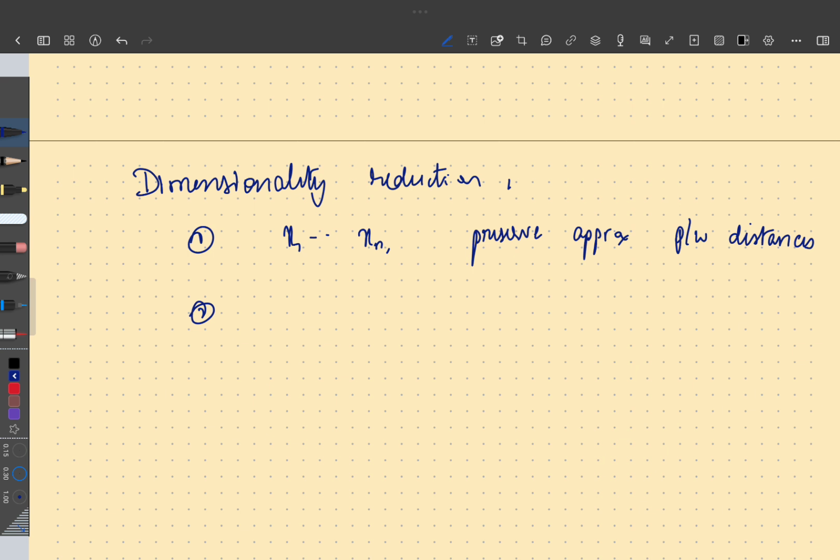The second approach that we took was PCA, where, given a particular data set which captures some information about the ground truth, we wanted some kind of projection or embedding down to a lower dimensional space, such that the objective function was that the squared distance between xi and xi prime was small.